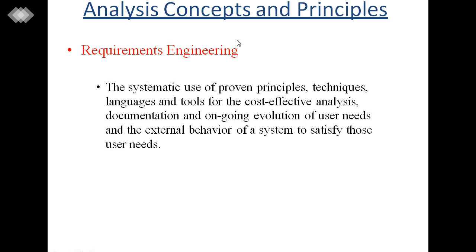Now basic concepts related to analysis and its principles. Requirement engineering is the systematic use of proven principles, techniques, languages, and tools for the cost effective analysis, documentation, and ongoing evolution of user needs and the specification of the external behavior of a system to satisfy those user needs.